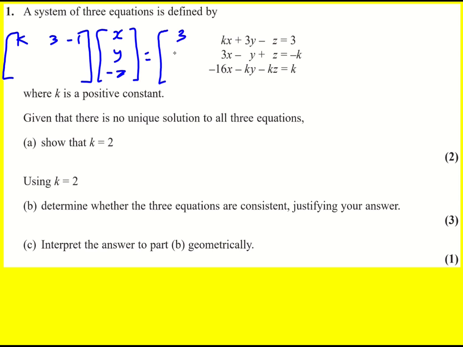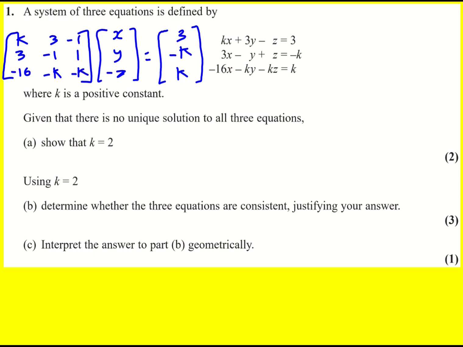Actually, this bit's not that important right now, but it would equal 3, minus k and k. Then we'll get a 3 here, minus 1 here, 1 here, minus 16, minus k, and minus k.